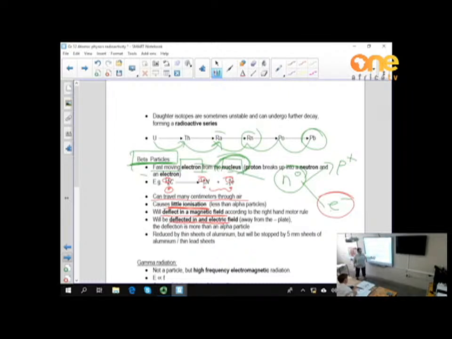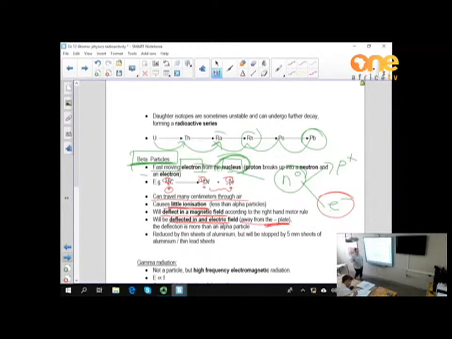If we look at the deflection in the electric field, we find that this particle is going to be repelled from the negative pole and it's going to go towards the positive electrode or plate. So, it will be deflected in an electric field away from the negative.